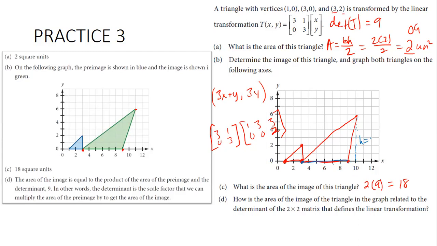So your height equals 6. Your base equals 6. What is 6 times 6? 36. What's 36 divided by 2? 18. So do we see how that matrix determinant and our geometry skills match up, right? Make sense?